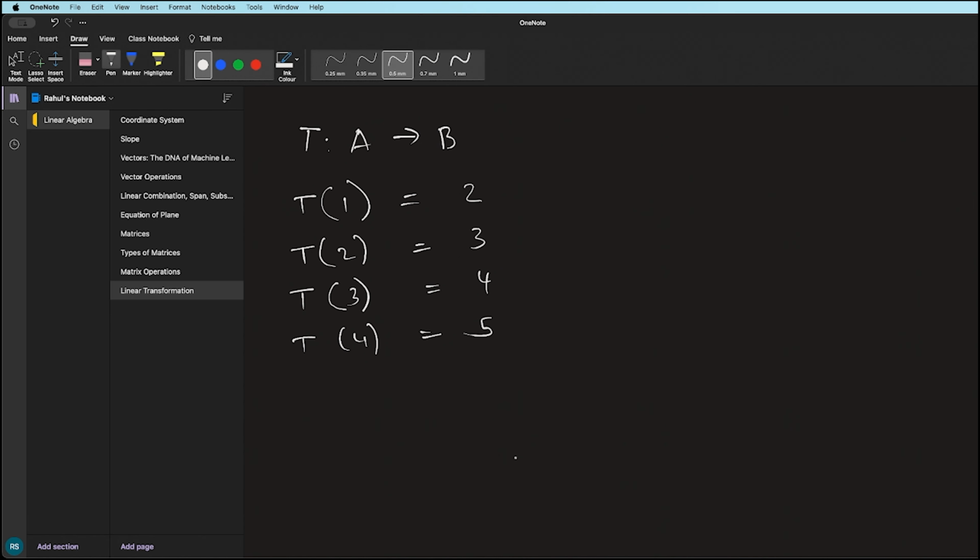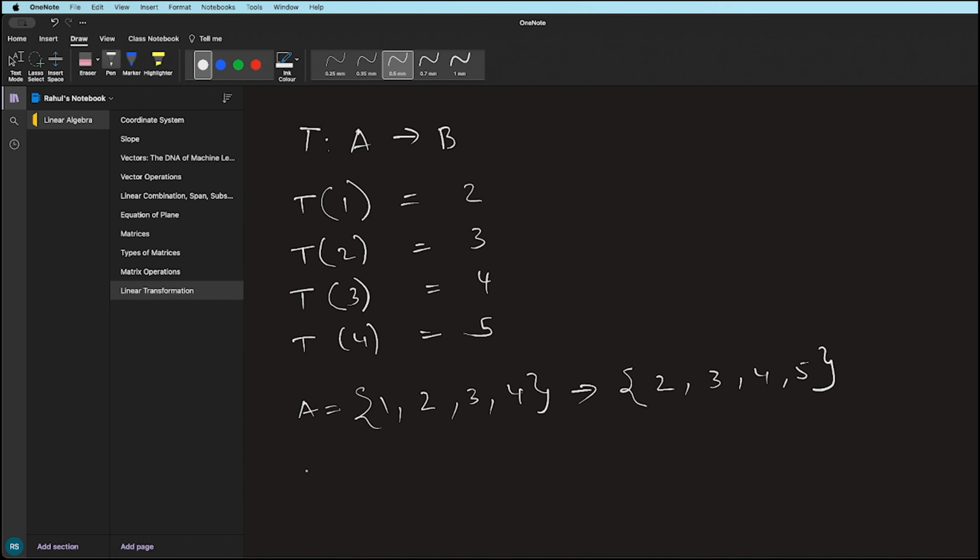So in this case, A, that is 1, 2, 3, 4, when given as an input to the transformation T, produces the output that maps to only this set of numbers.